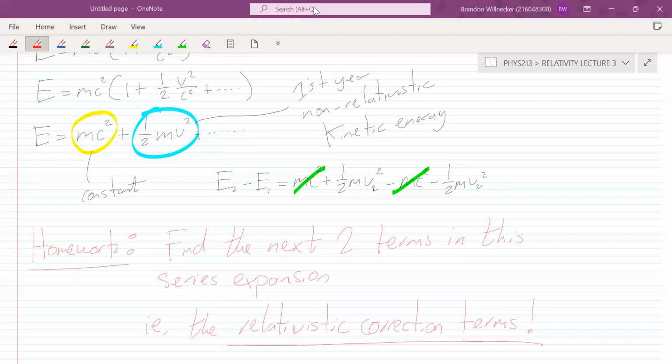I'll be happy to help you with that. Okay, but the solutions will be available at the end of the week. So I don't like giving the solutions now because it's very easy to just look at the solutions before attempting it. So you should struggle at least a little bit to try and do the homework before you see what the solutions are. Okay, but anyway, if you need help, please ask.